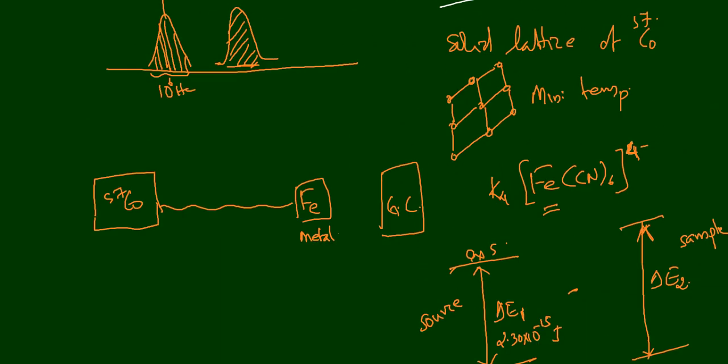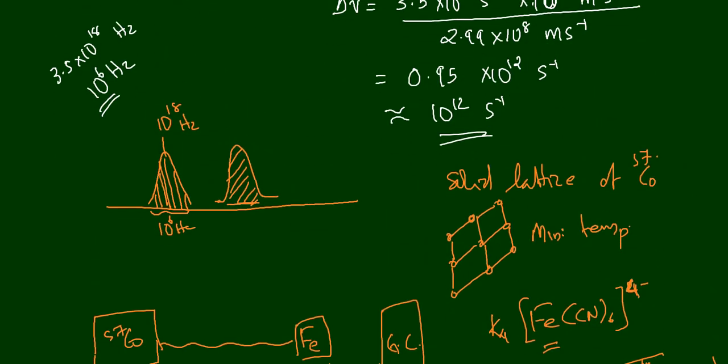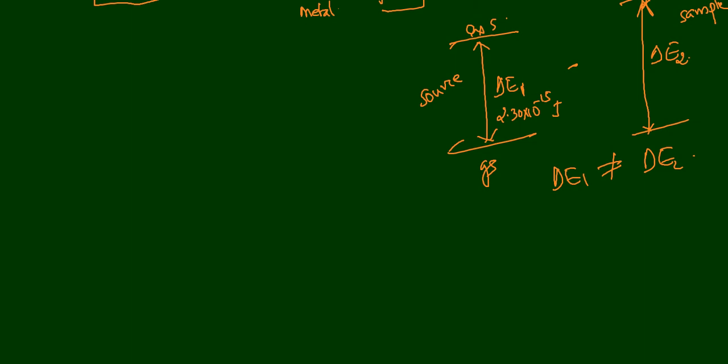Mössbauer thought that the Doppler effect, which earlier prevented the study of gamma ray spectroscopy, now comes as a blessing. The Doppler effect is a blessing rather than a nuisance. It is a useful thing.